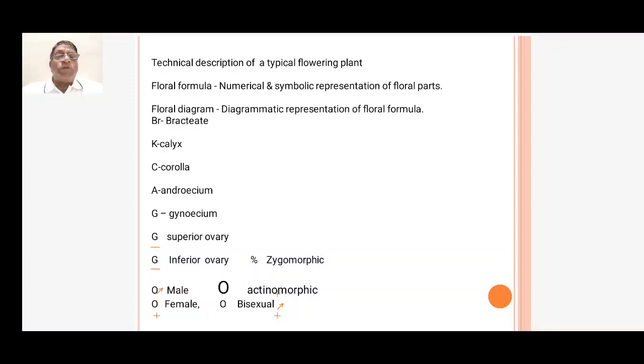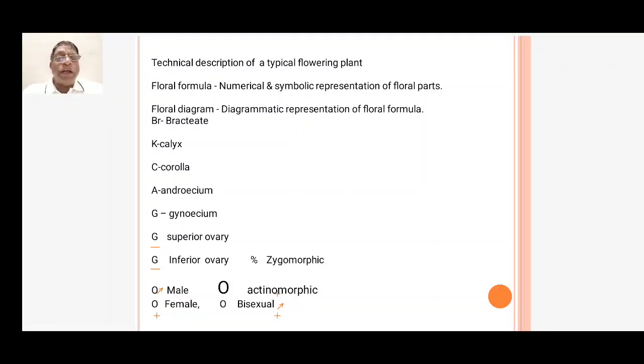How are we going to study a family with the floral characters? We study the inflorescence. Which type of inflorescence? Whether cymose, racemose, or a special type of inflorescence. Then the flower. Whether the flower has a pedicel or not. Bisexual or unisexual. Actinomorphic or zygomorphic. Pentamerous or tetramerous.